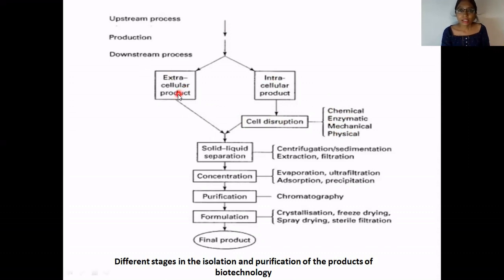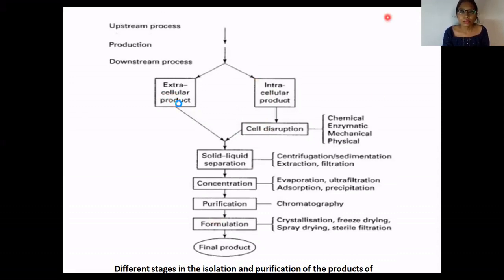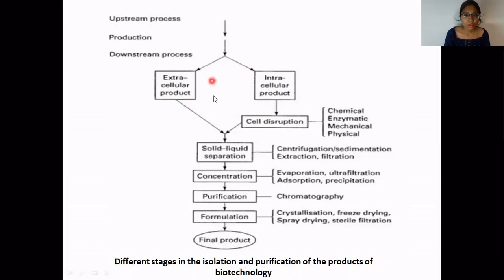Again, it will be the same as the extracellular product, in which the product is directly released into the broth. So once we identify the nature of the product, we have to take a certain step. If the product is extracellular, then you don't have to go for cell disruption. But if the product is intracellular, then you must go for cell disruption.